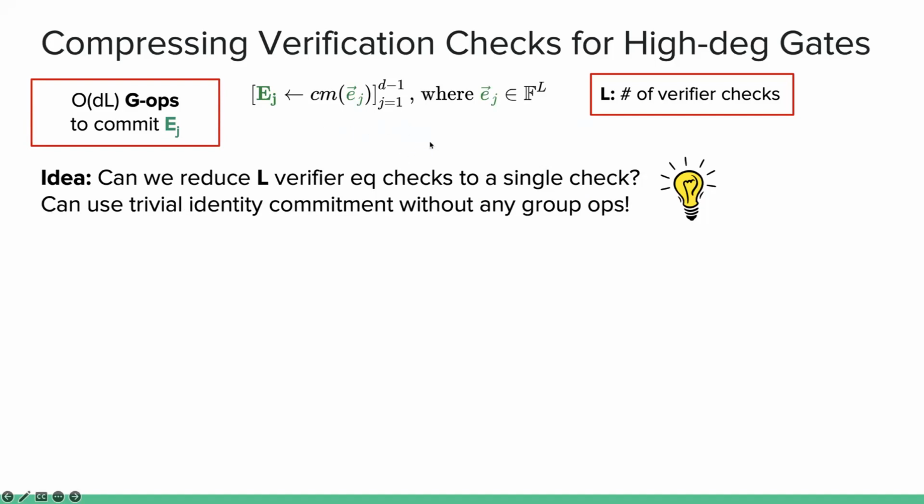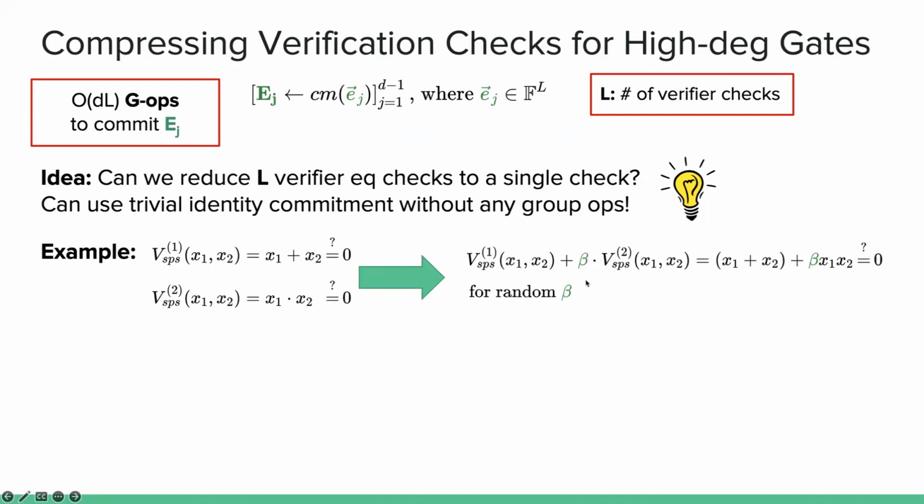So now the goal here is to try to compress these L different constraints into just a single constraint. And how to do that? That's actually quite easy, just using random linear combination again. So for example, let's say there is a verifier who will check 2 equations holding true. What we can do is introduce a new variable beta, which is random, and do a random linear combination of them. And now we have a new equation to be checked, which is x1 plus x2 plus beta x1 times x2.